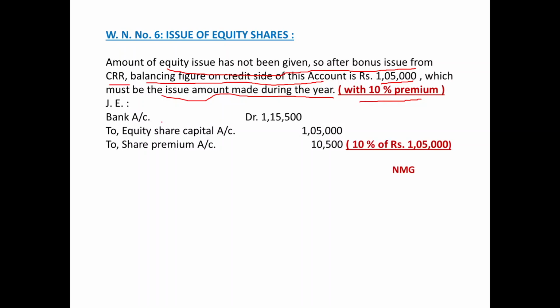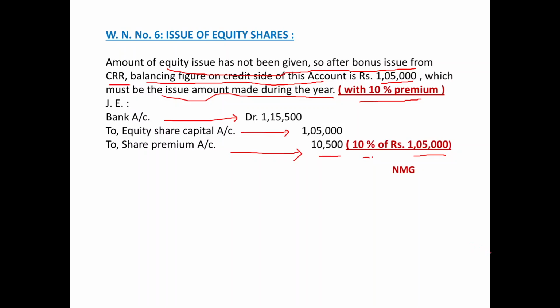So total amount, bank account debited 1,15,500 with premium. To equity share capital account credited 1,05,000. To share premium account credited 10,500. That is 10% of the issue amount, and the issue amount was 1,05,000, 10% of which is 10,500. So in this way, we decided the fresh issue amount made in the current year, and the 10% premium is 10,500. So this is a good point of this question.